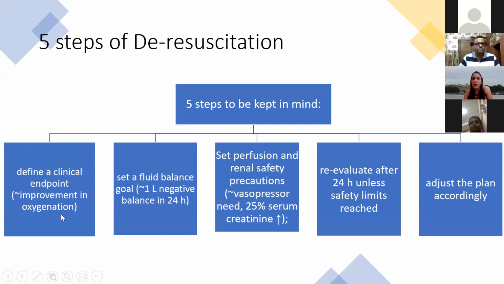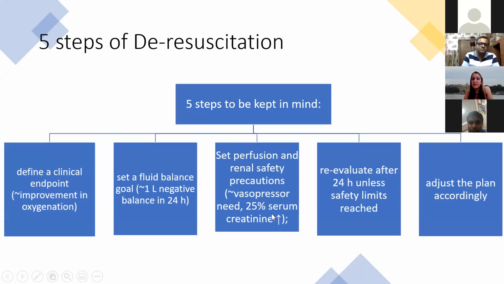Define a clinical endpoint. We should have clear endpoints in mind of what we want to achieve by de-resuscitation. The usual clinical one used is the improvement in oxygenation. Set a fluid balance goal, for example, a liter of negative balance in 24 hours or so. We have to set how much negative balance we are targeting.